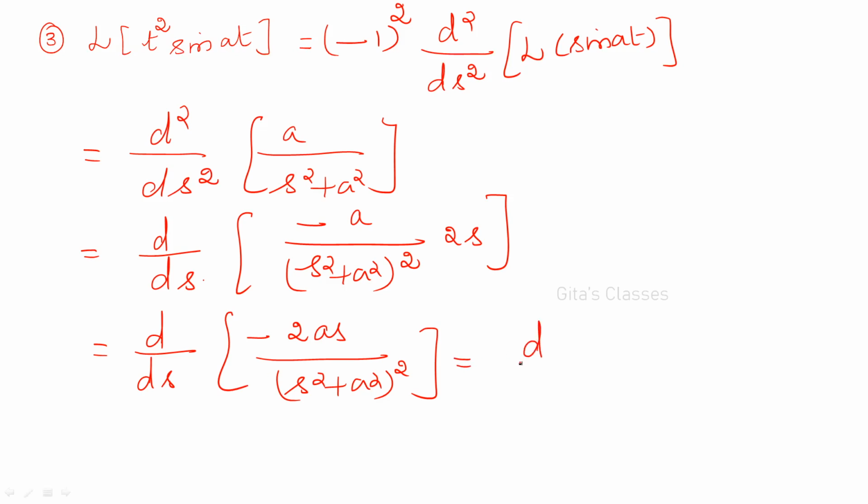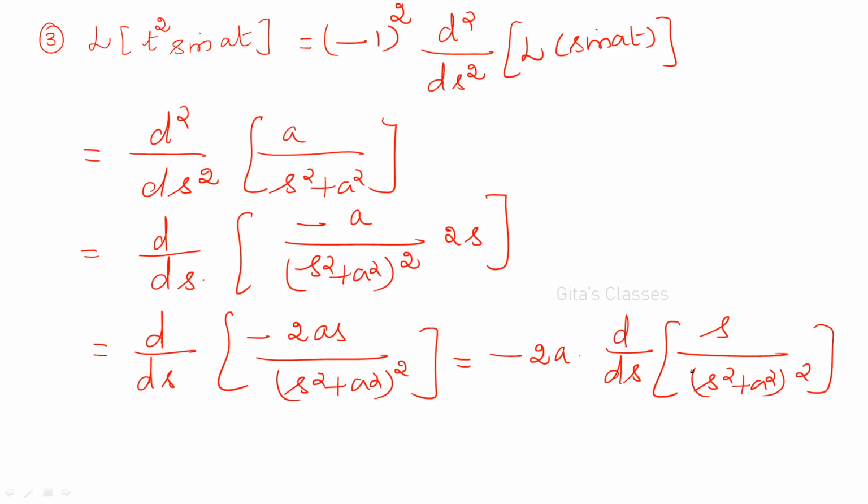That is d by ds of minus 2a, I will take it outside, into d by ds of s by s squared plus a squared the whole square. That is again u by v form, let us do. That is minus 2a into, denominator is s squared plus a squared the whole squared, so it will become s squared plus a squared the whole power 4.